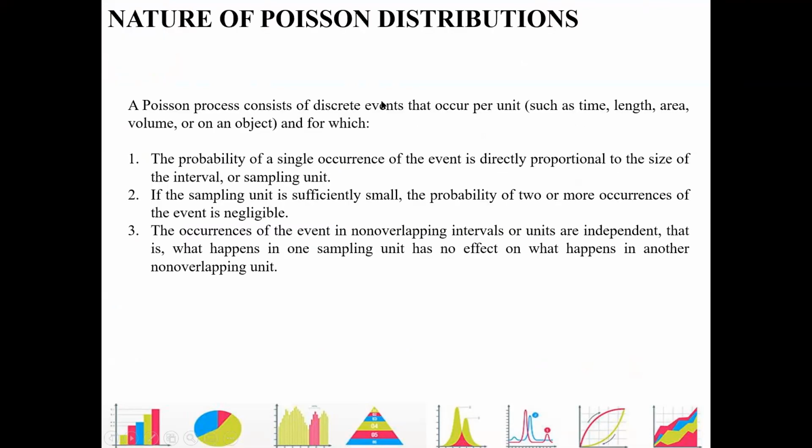So, yung Poisson is a process consist of discrete events that occur per unit. So, kung yung binomial distribution, ang kanyang outcomes is dalawa lang, ito naman, ang kanyang resultant must be in a discrete event. Ibig sabihin, we're not looking at a number that has a decimal places, like yung mga temperature, iba sa level of measurement natin.